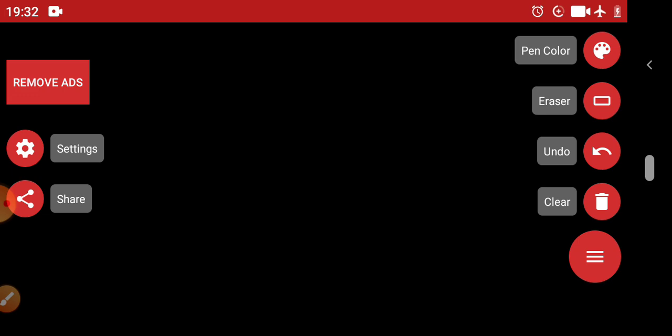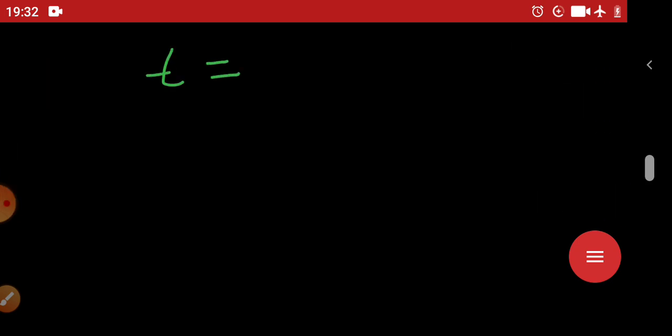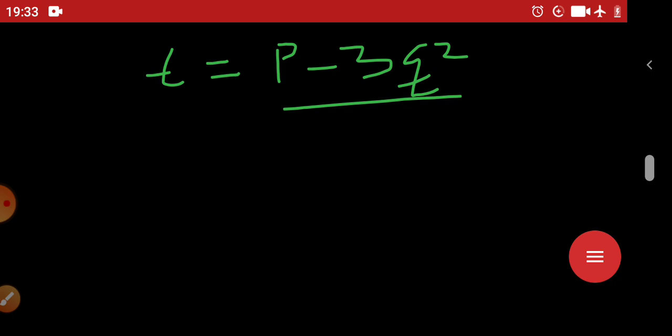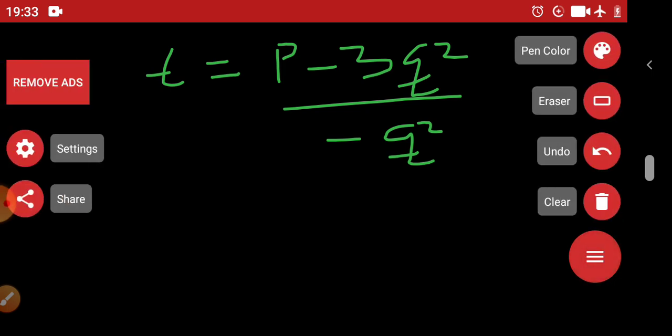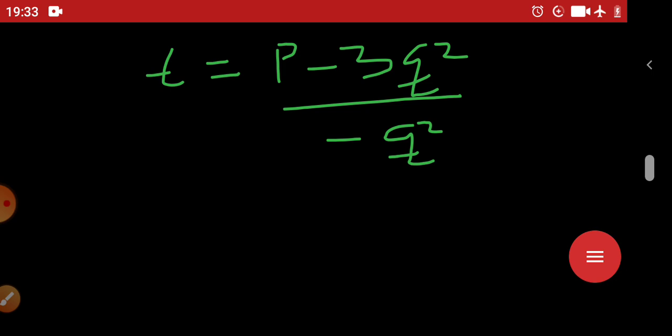Here we'll have to simplify this. To sort out the negative in the denominator, it is the same thing as multiplying the numerator by negative 1.